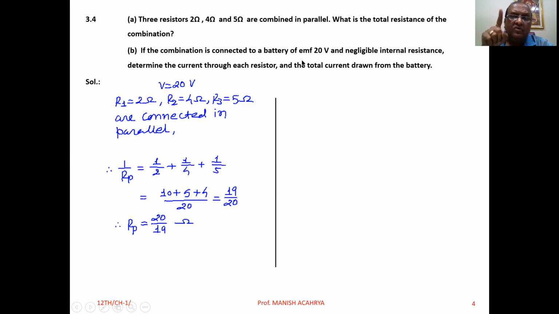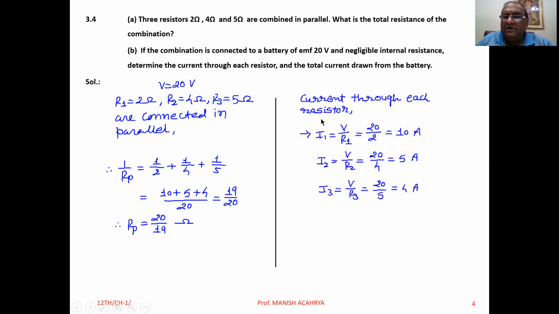Now this is the parallel combination. In parallel combination, the potential difference across each resistor will be the same, and that is equal to the supply voltage of the battery, 20. So current through the first resistor, I1, is V by R1.